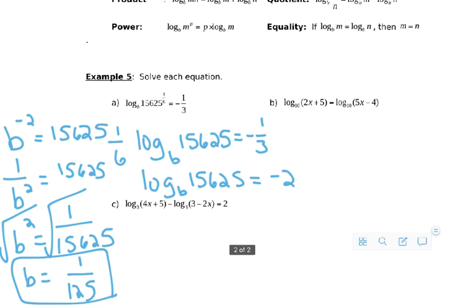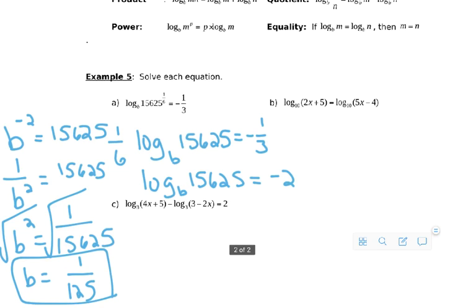But we don't like negative exponents, so b raised to the -2 is the same as 1 over b squared. And then if I flip 1 over b squared, I have to flip the other side of the equation. So I got b squared is equal to 1 over 15,625, and then I took the square root, and I found out that b was 1 over 125.